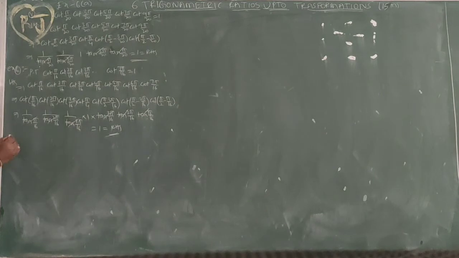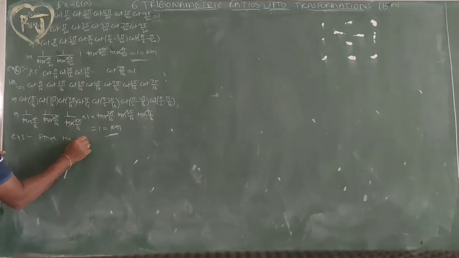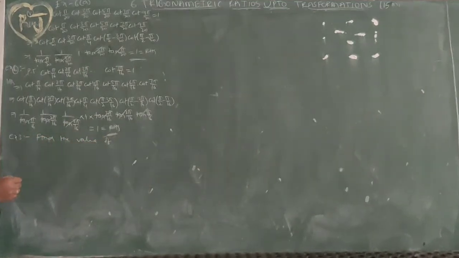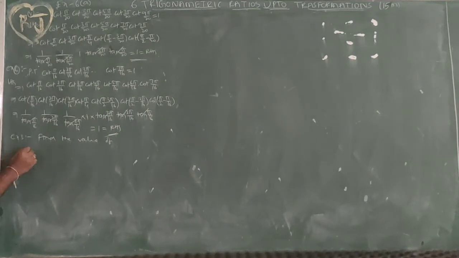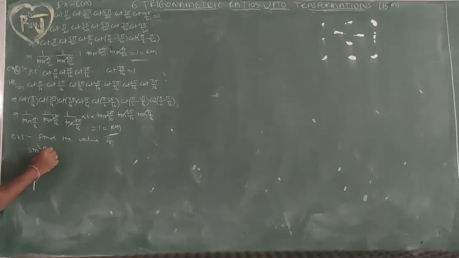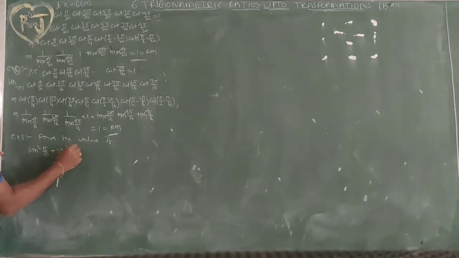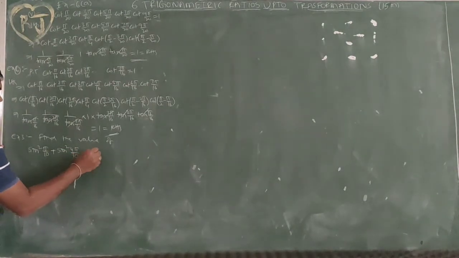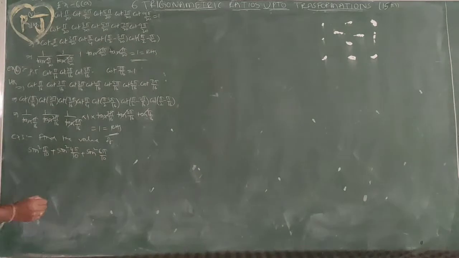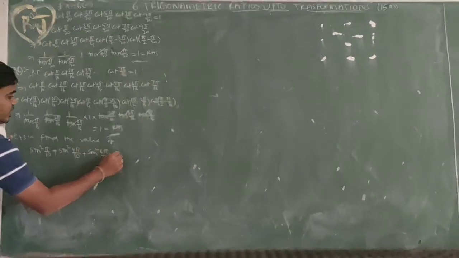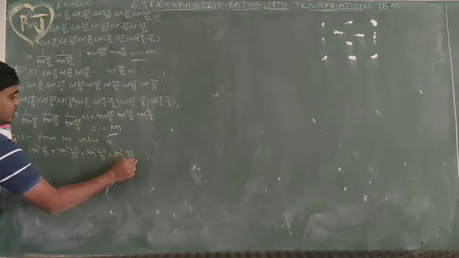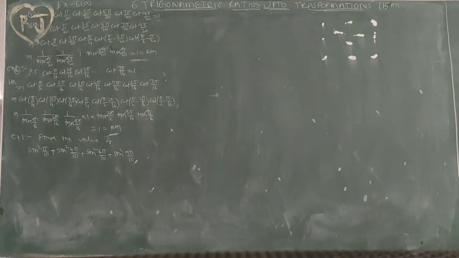Example 3: find the value of sin square pi by 10 plus sin square 4 pi by 10 plus sin square 6 pi by 10 plus sin square 9 pi by 10. So we need to find out this value.